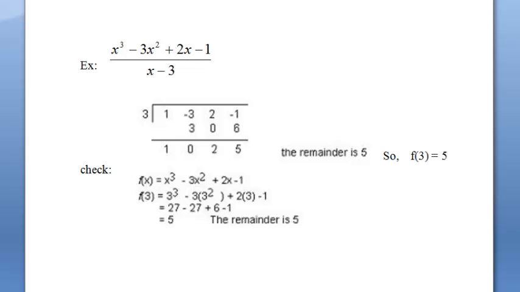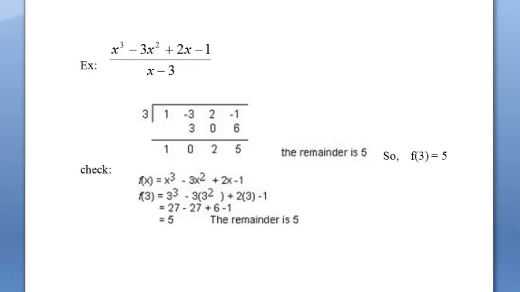So 3 cubed is 27. 3 squared is 9 times 3 is 27. 2 times 3 is 6. And we have the negative 1. So 27 minus 27 is nothing. 6 minus 1 is 5. So f of 3 equals 5. And that was our remainder when we did synthetic division.